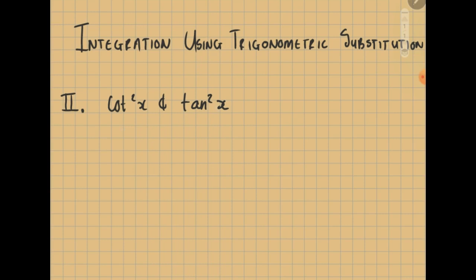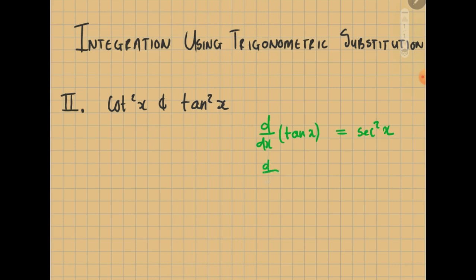Well, the things you must know are, one, you must recall that if I had the derivative of tan x with respect to x, then I would get sec squared x.